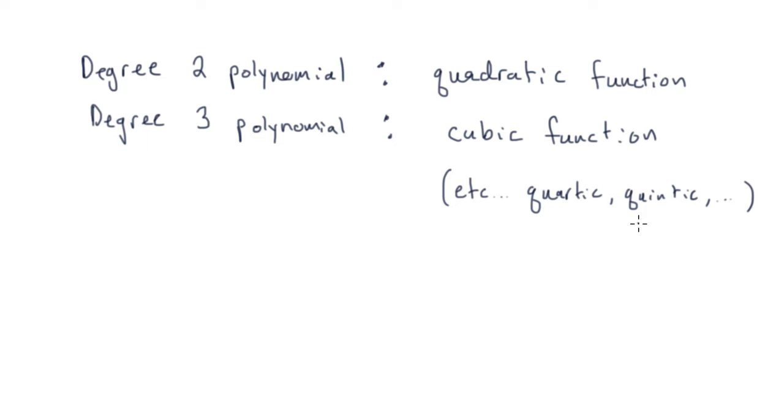So those are just some special types of functions that you'll see thrown out. This is a quadratic function, this is a cubic function, but they're all just types of polynomials. They're all just sums of power functions where the powers are non-negative integers.